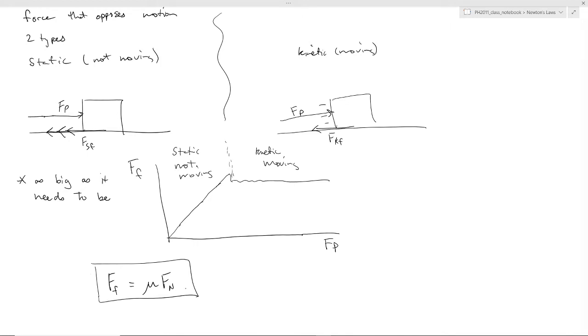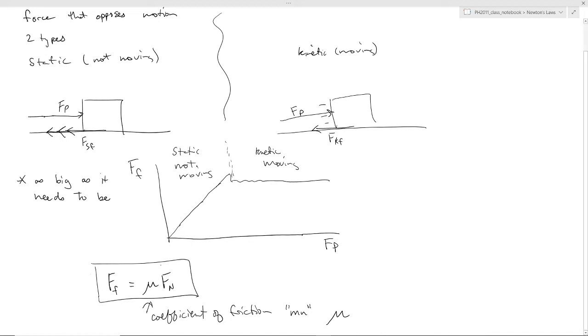So it's proportional to the normal force. And this constant is called the coefficient of friction. And we use the Greek letter mu for this. Looks sort of like a U.